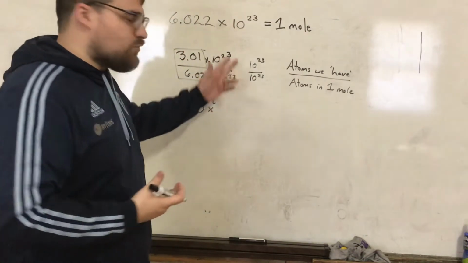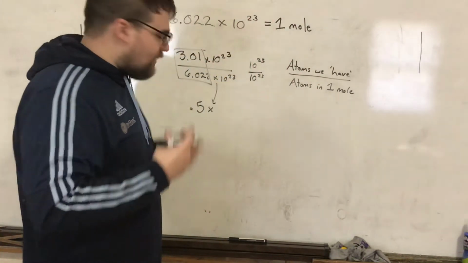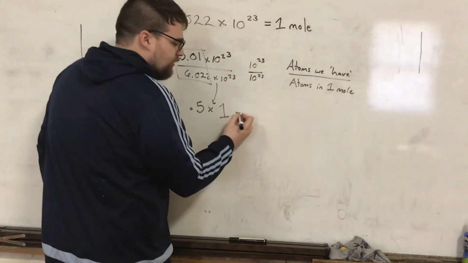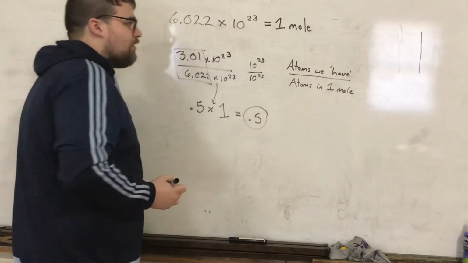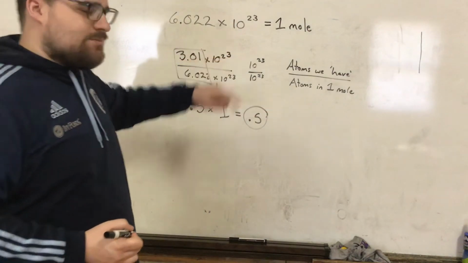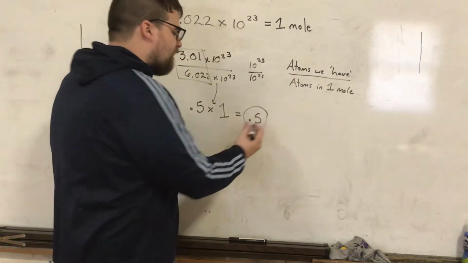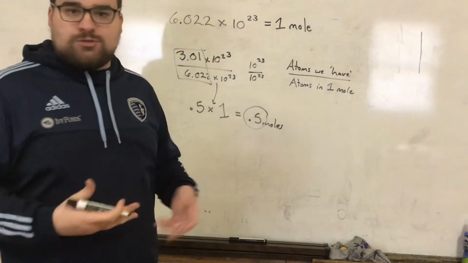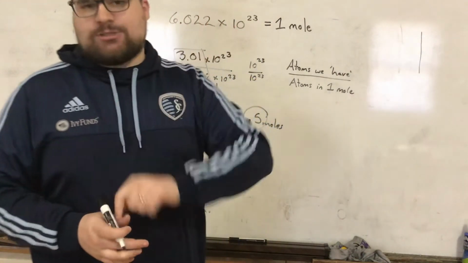It's something divided by itself. That's just 1. So 0.5 times 1, well, that's just 0.5. And that tells us that in 3.01 times 10 to the 23rd atoms, we have exactly 0.5 moles of atoms, 0.5 moles of molecules.